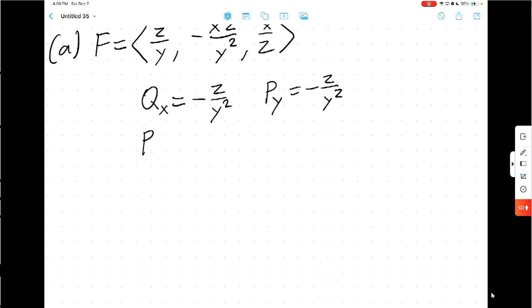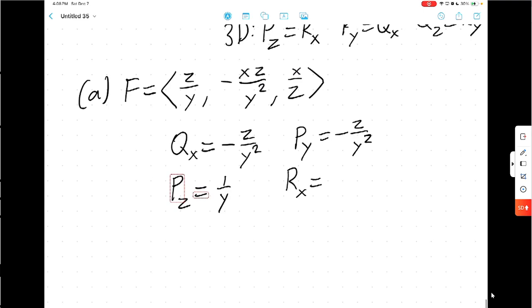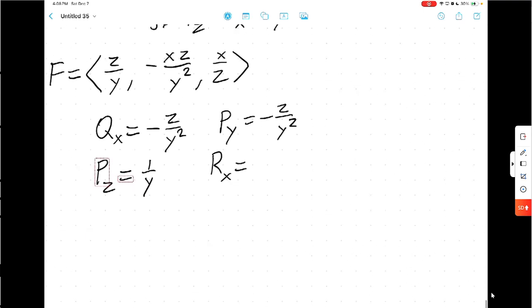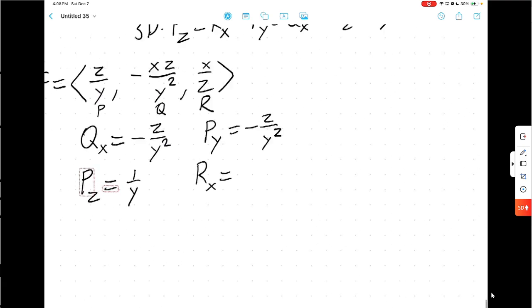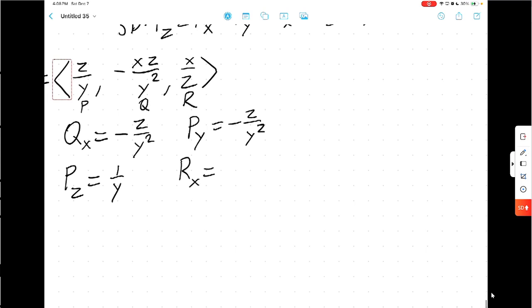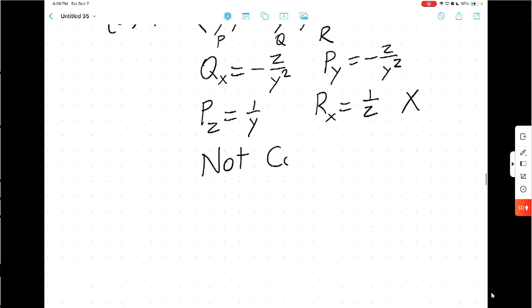P sub z is going to be 1 over y. Wait, and this is where I can actually die. The x over z. P sub z is equal to R sub x. Also, this is P, Q, R, if that wasn't clear. R sub x is 1 over z. Not conservative.